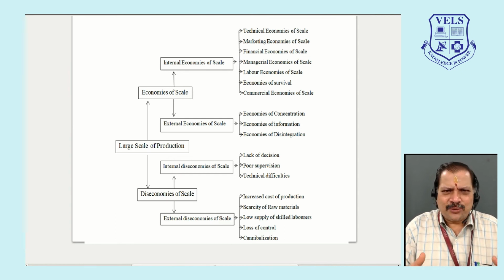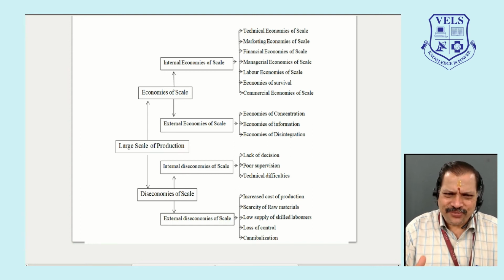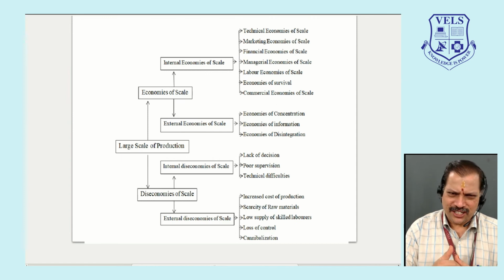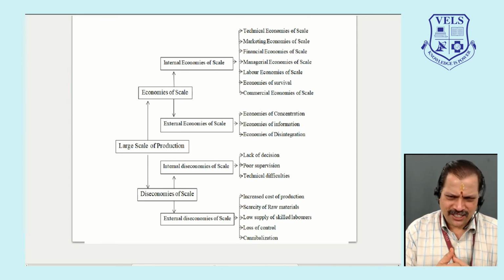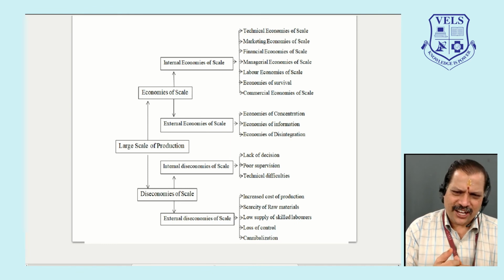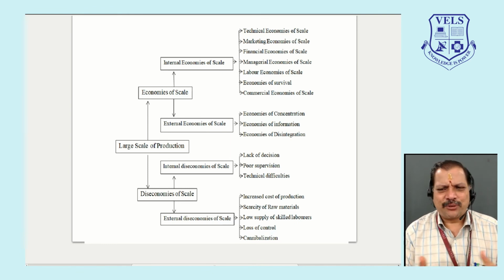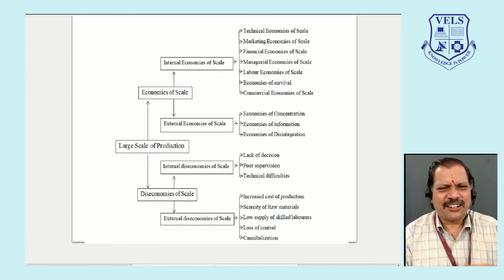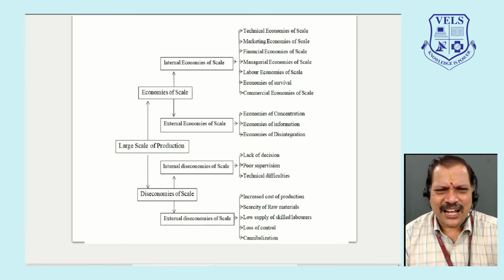The internal economies of scale consist of different types: technical economies of scale, marketing economies of scale, managerial economies of scale, financial economies of scale, economies of survival, and commercial economies of scale. Like that, there will be n number of internal economies. These are all the advantages because of the large scale.